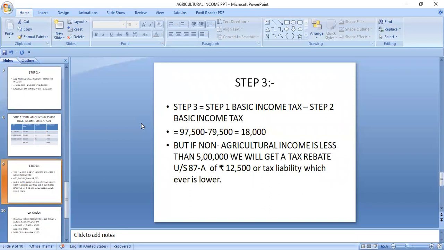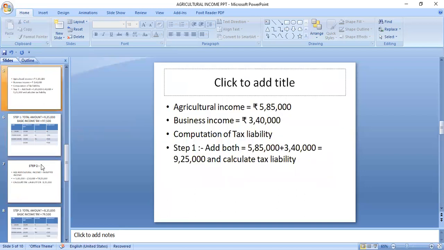18,000. Right. But as we know that we are getting non-agri income less than 5 lakhs, he will get a tax rebate of 12,500 or tax liability, whichever is lower, under section 87A. So I'll show you the non-agri income. How much non-agri income are you getting here?